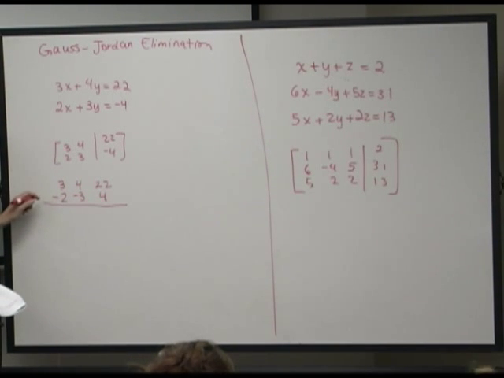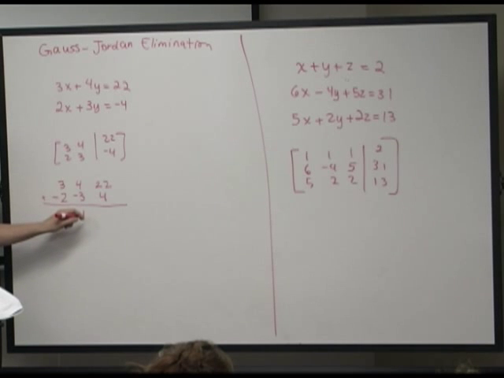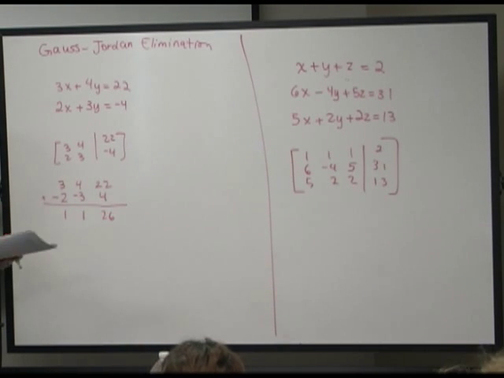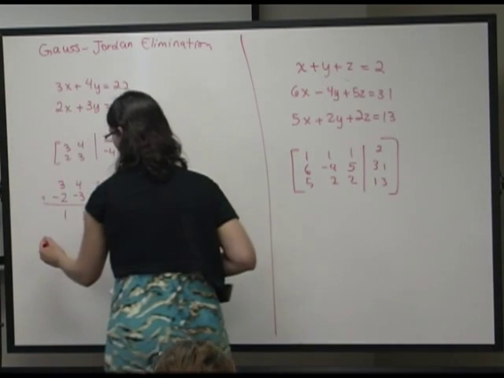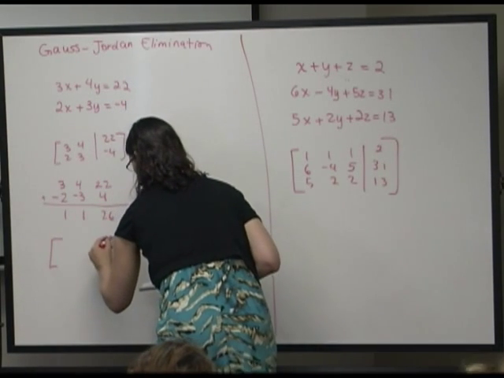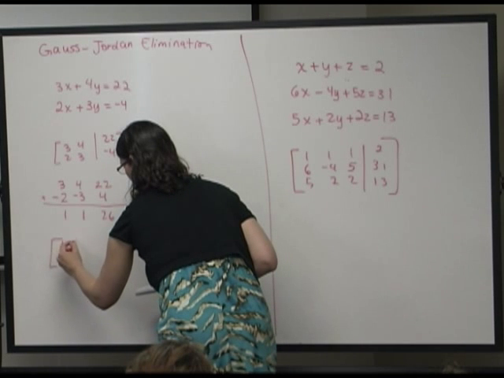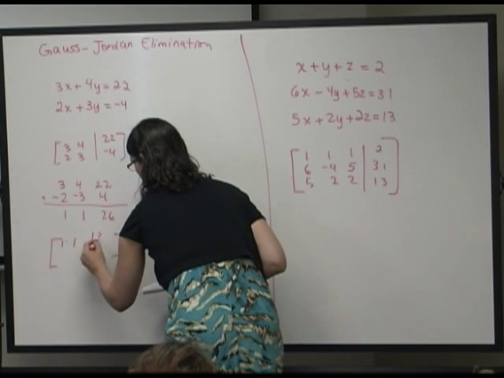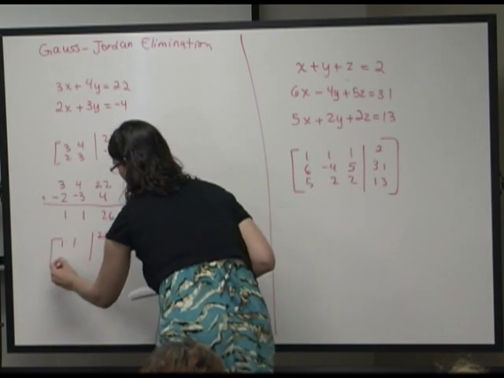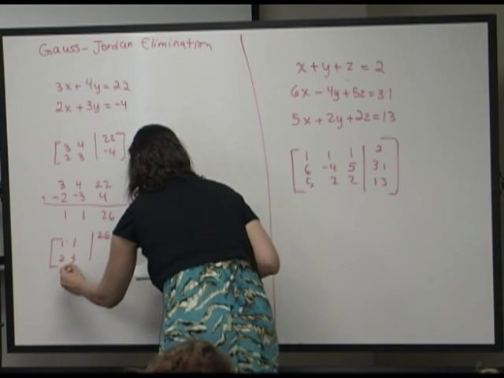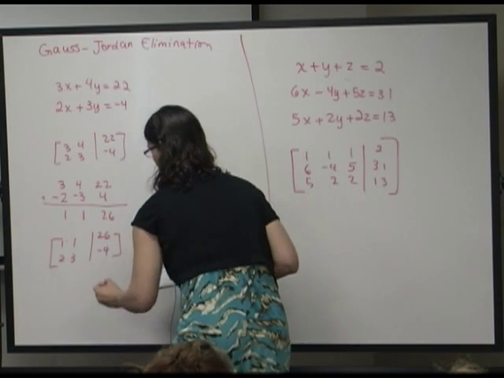When you add, you get 1, 1, 26. So the system that you have will be 1, 1, 26, and 2, 3, -4.